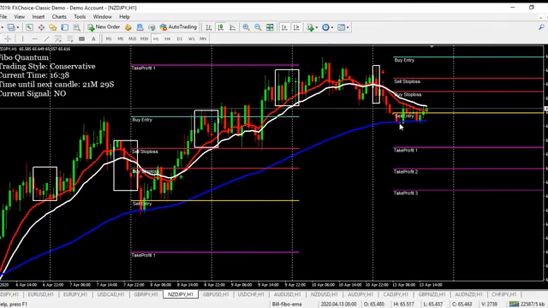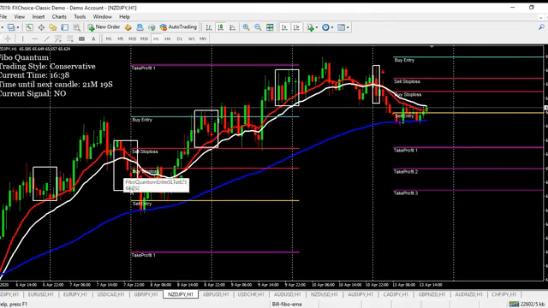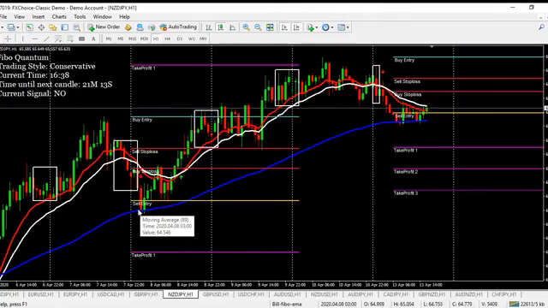But since this sell entry is above the 89-day moving average, and what happens at the 89-day? Sometimes, right, it finds support as it's moving up. It'll find support at the 89-day, like right here. Okay, so that can happen again.